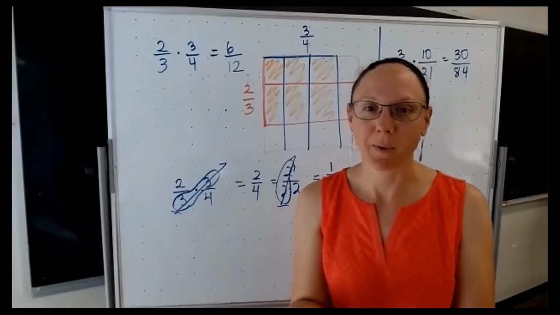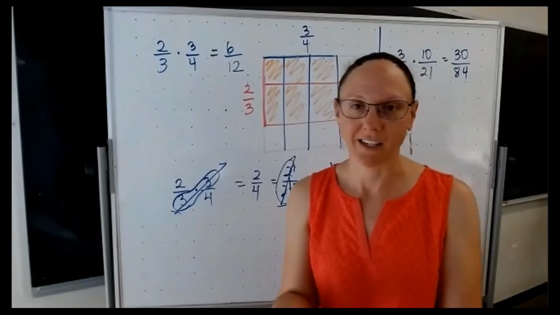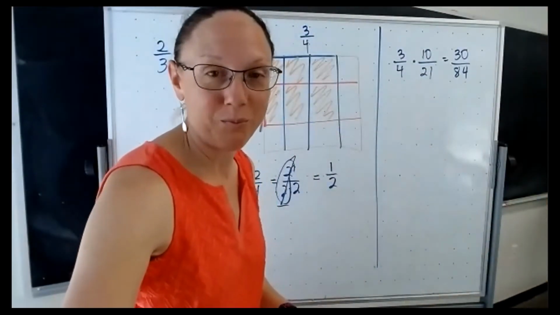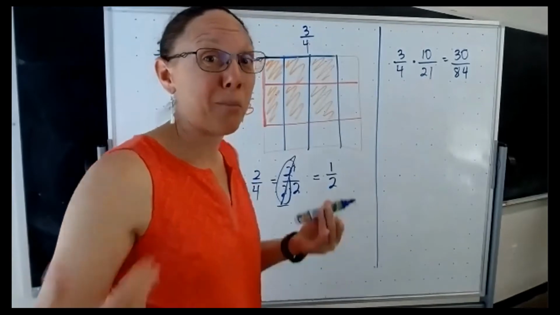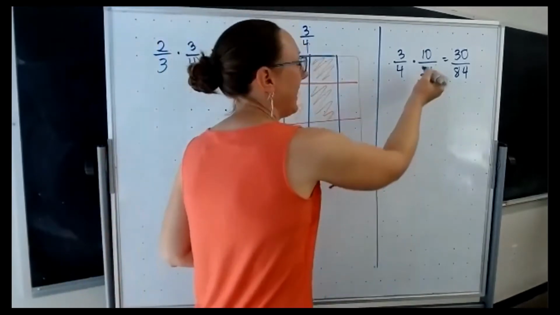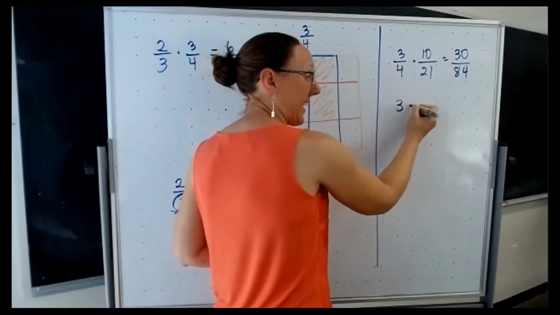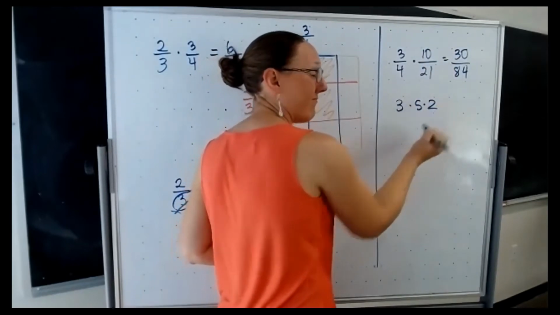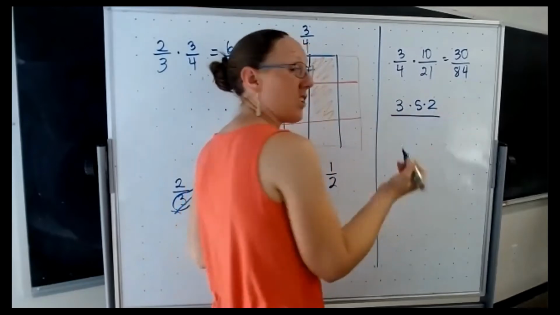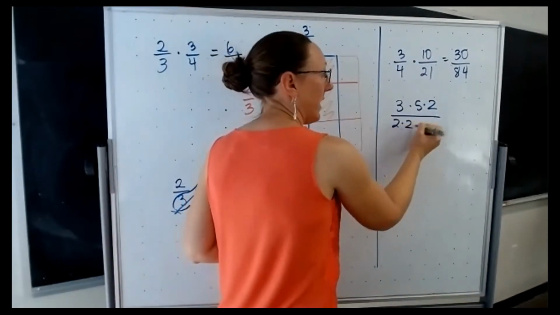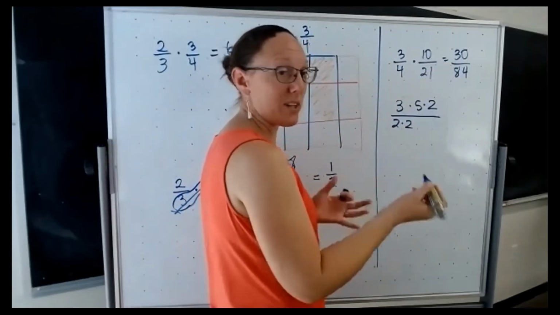I don't want to make numbers bigger if I could make them smaller instead. So if I was actually presented with this problem, what I personally would do is to look at that 10 and really see that 10 as 5 times 2. And in the denominator, see the 4 as 2 times 2. And that 21 as 3 times 7.